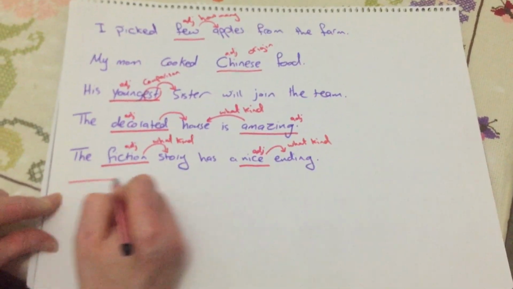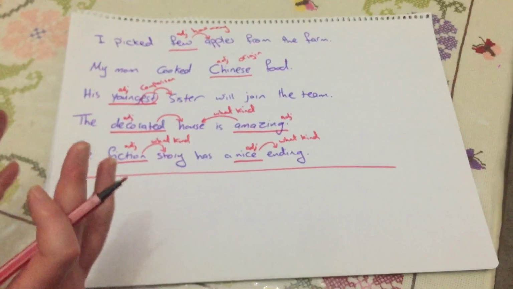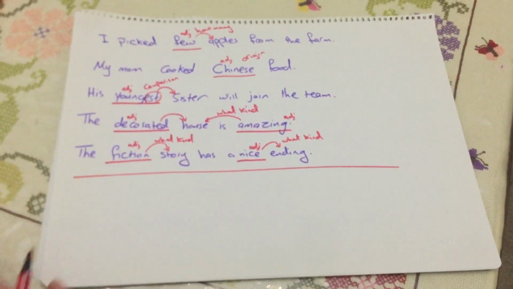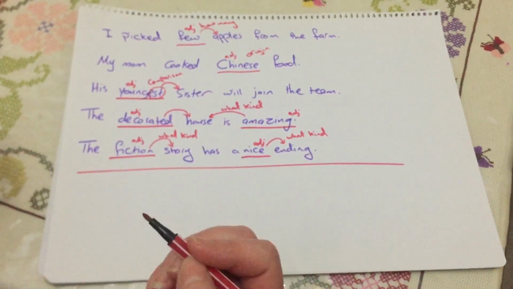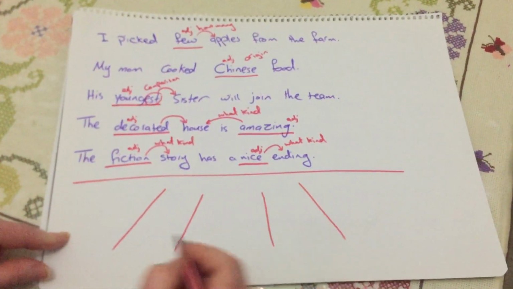Okay, so finally, let's say that adjective again, it's a word that describes a noun or a pronoun or modifies a noun. The kinds of adjective are 4 kinds of adjective.